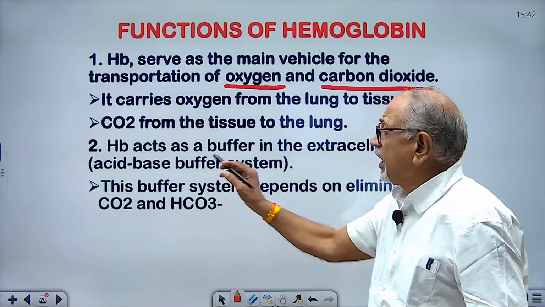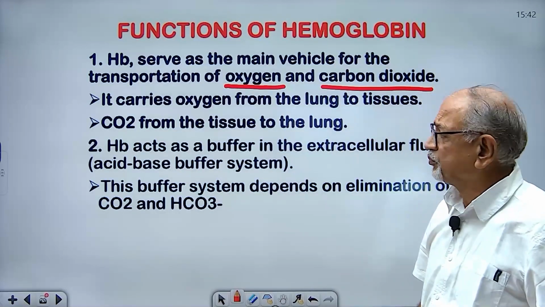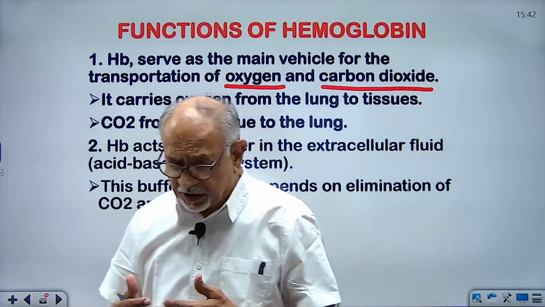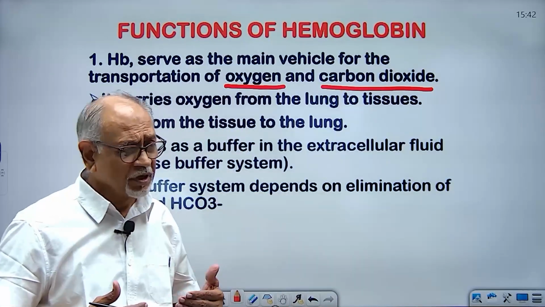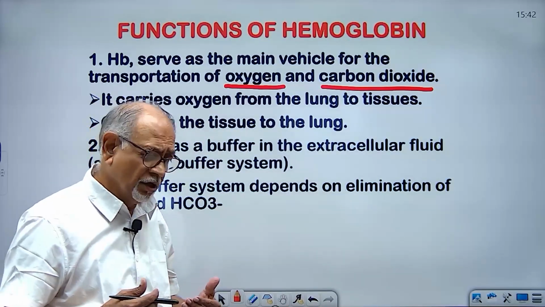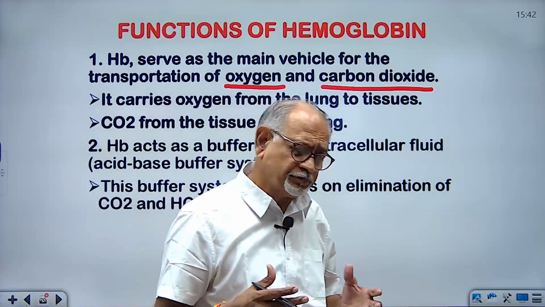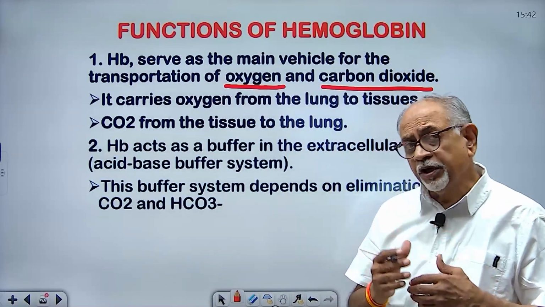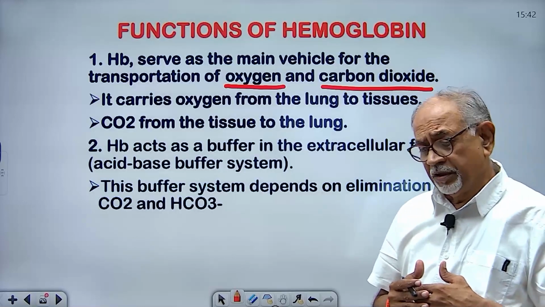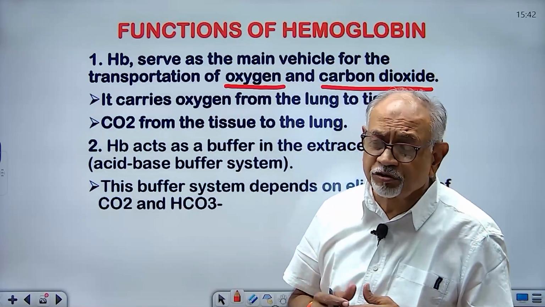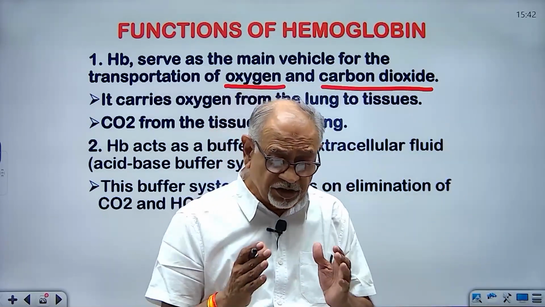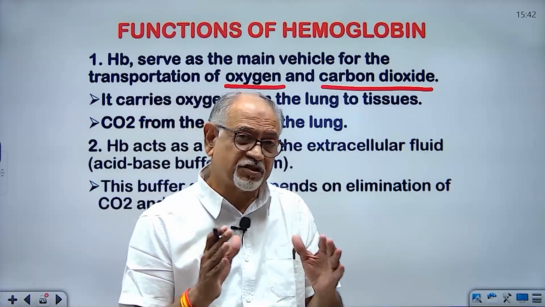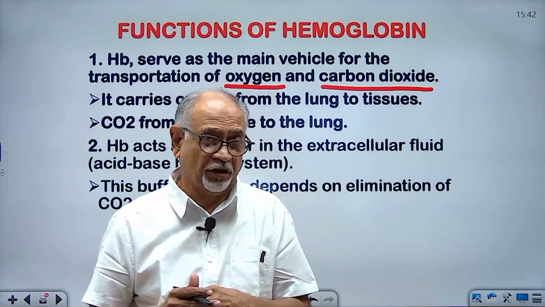Now Hb acts as a buffer. You know, when carbon dioxide enters into RBC, it forms carbonic acid, that is H2CO3, and this H2CO3 dissociates to form H ions and HCO3 ions.